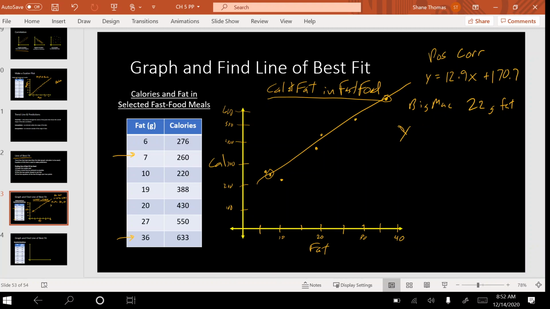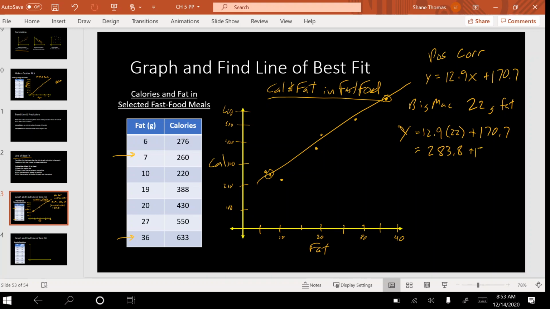That's my line for my predictions: 12.9 times 22 plus 170.7. What's 12.9 times 22? 283.8.